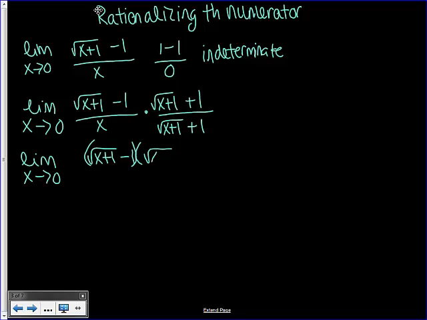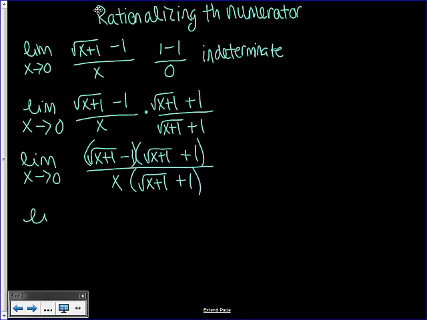Times the square root of x plus 1 plus 1, all over x times the square root of x plus 1 plus 1. Now, again, don't FOIL out the bottom. Let's just FOIL out the top.